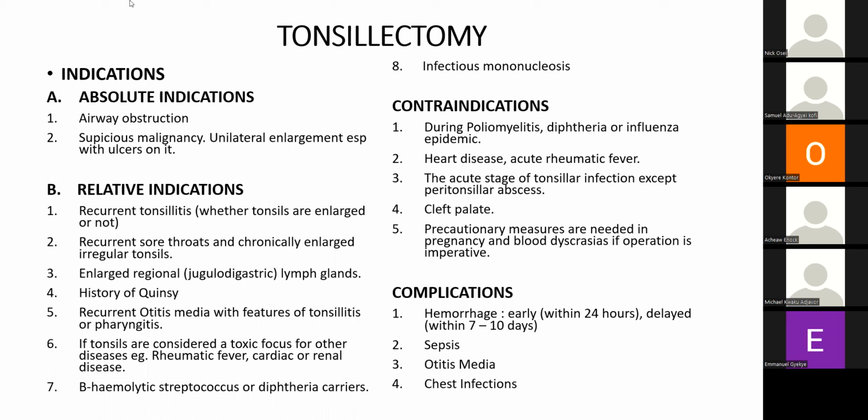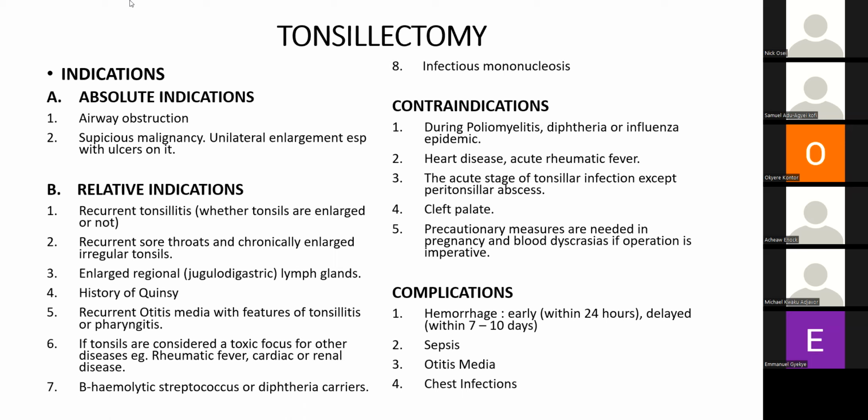When there are beta hemolytic streptococcus or diphtheria carriers, and when there is a history of infectious mononucleosis, all these may indicate a possible tonsillectomy. But the absolute ones, where the moment it is identified, we would definitely have to do a tonsillectomy, is when there is an airway obstruction, when there is a suspicious malignancy as well.